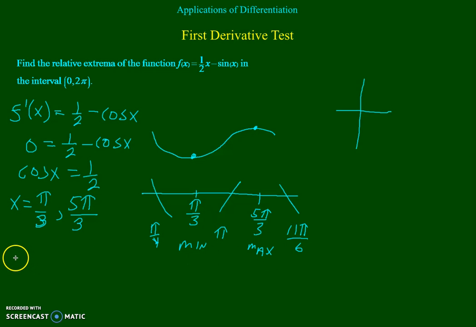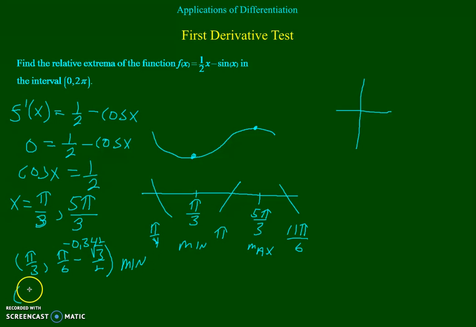And so our minimum value is going to be at pi over 3. Putting pi over 3 into this function gives us pi over 6 minus square root of 3 over 2. This is approximately negative 0.342. This is the exact value. That's our minimum.